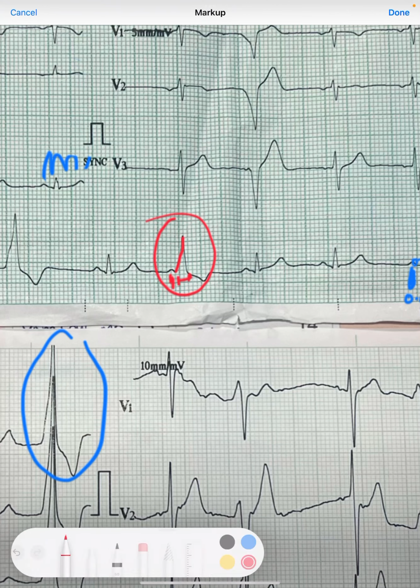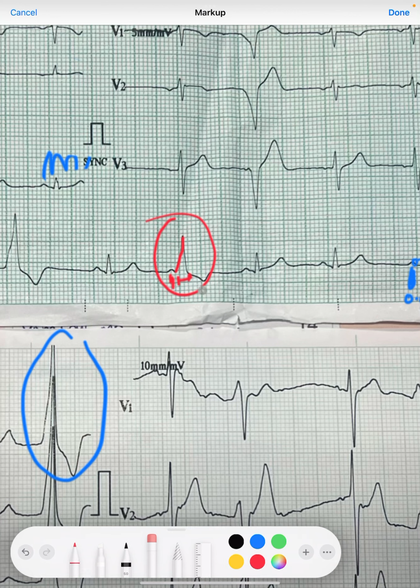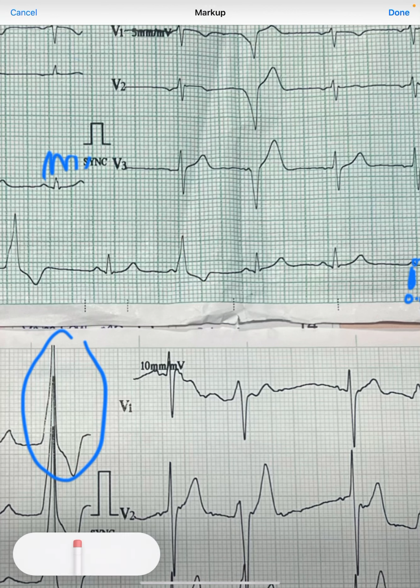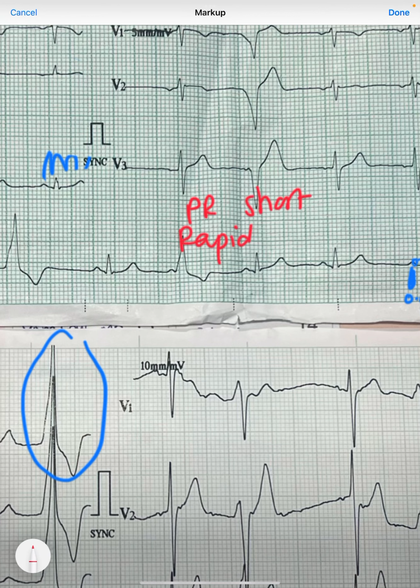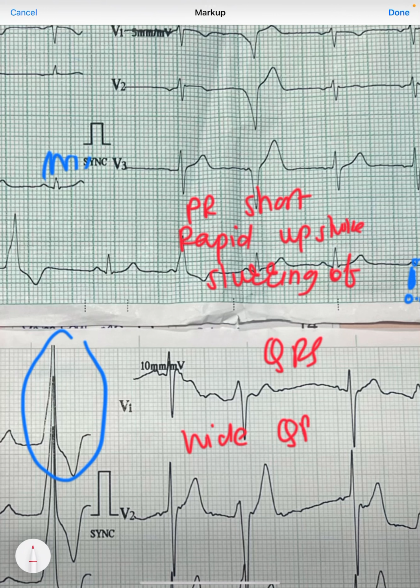So in short, if the PR is short, if there is a rapid upstroke slurring of QRS, and the wide QRS is more than 120 milliseconds, then it is WPW syndrome.